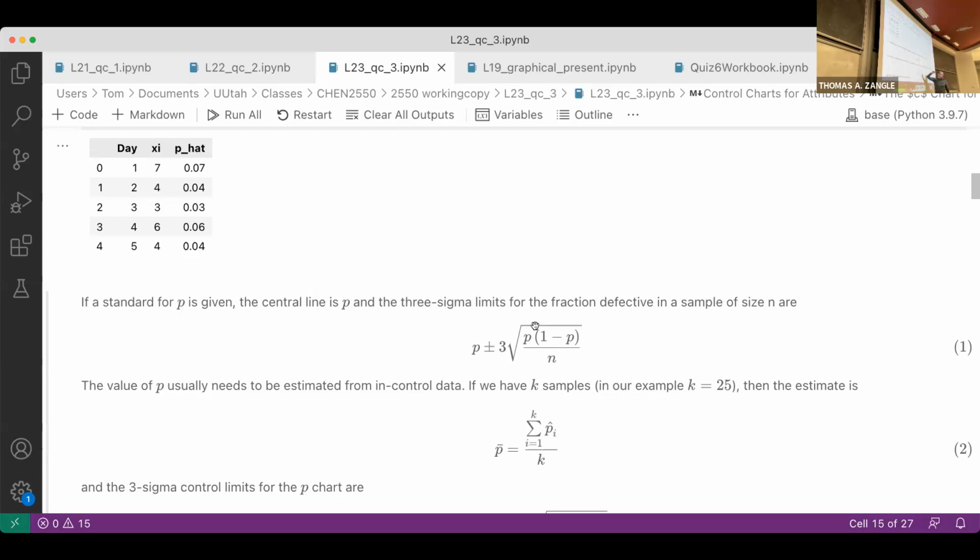But there's another assumption that we've made here. Enough successes and fails that we can use the normal distribution, right? So this is assuming that we can approximate the binomial distribution using the normal distribution.